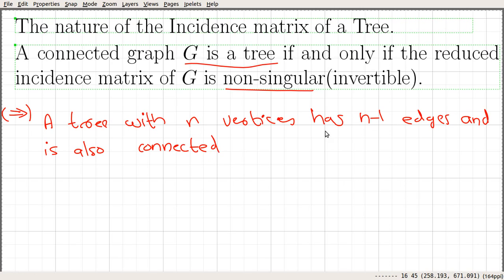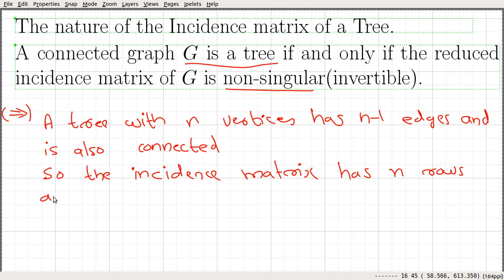So if you look at the incident matrix of that tree, it has n rows, where n corresponds to the number of vertices, and n minus 1 columns, because n minus 1 corresponds to the number of edges.